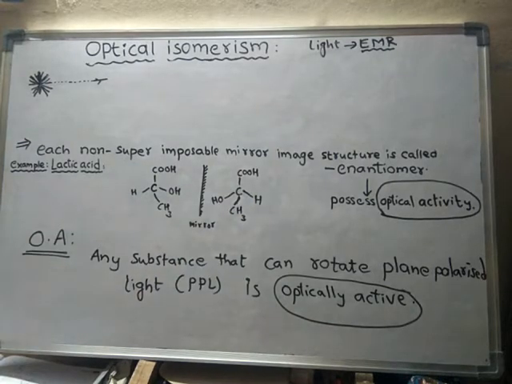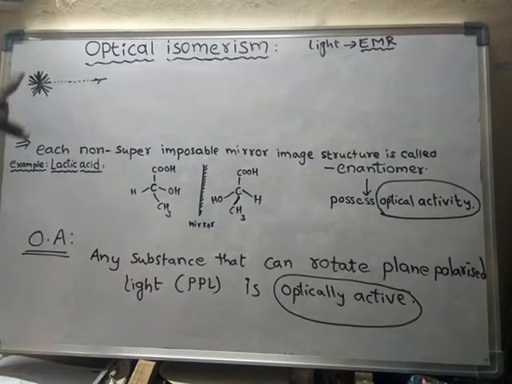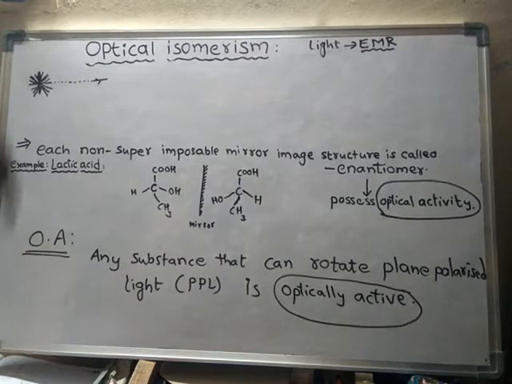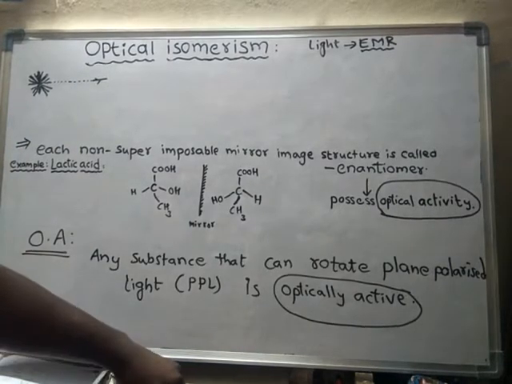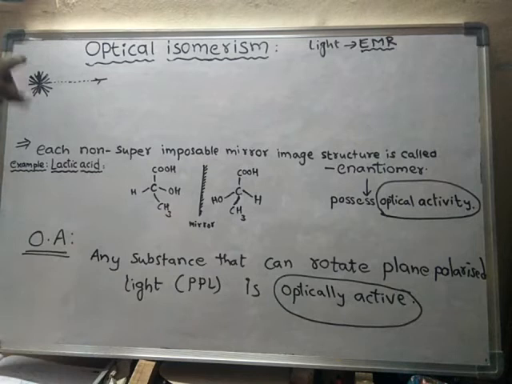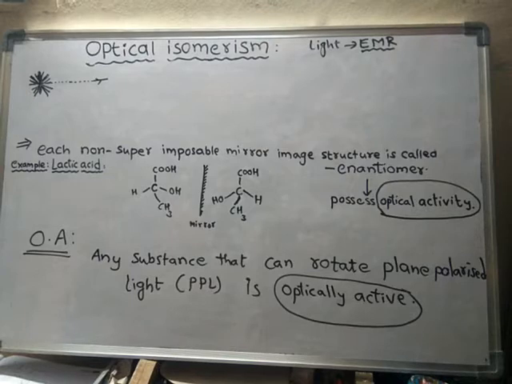The direction of propagation of light and the vibration of the light in the planes, these two are perpendicular to each other. So the plane of vibration is perpendicular to the direction of propagation of the light.